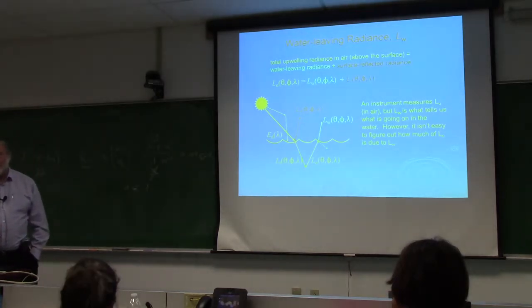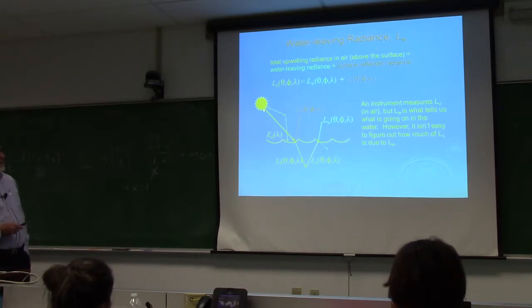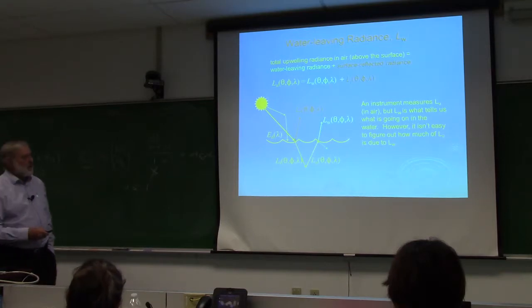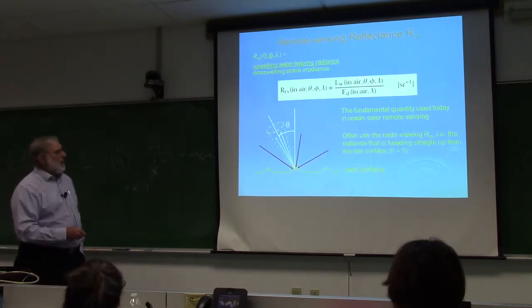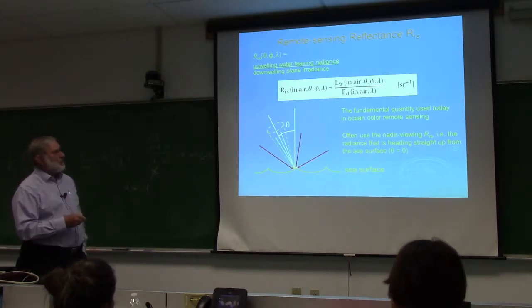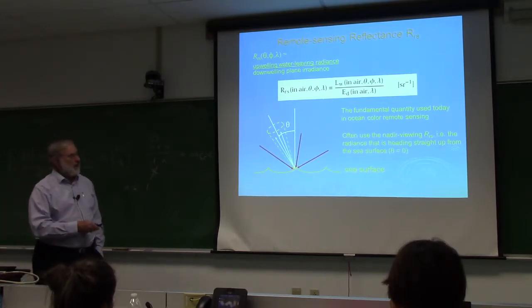Yeah, and then we also talked about the water leaving radiance, and you guys have now faced the ugliness of how you actually get the water leaving radiance out of the total upwelling, so I won't comment on that. And then that leads to defining the remote sensing reflectance, which is the water leaving radiance in the air divided by the incident downwelling plane irradiance in the air.